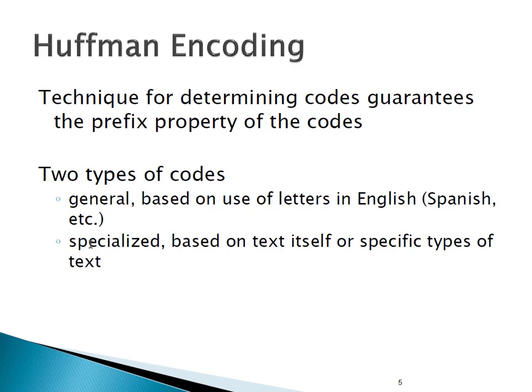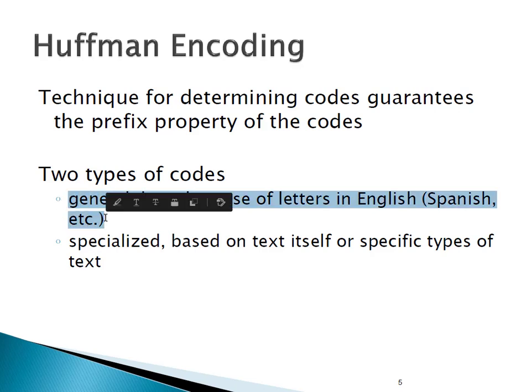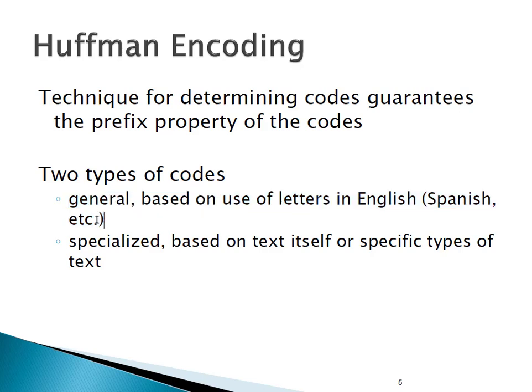For example, if you're looking at letters, you look at the number of times the letter R occurs in a specific text, and you put it over the number of letters there are in the text, and that tells us the relative probability of R being the next letter to appear in the text.